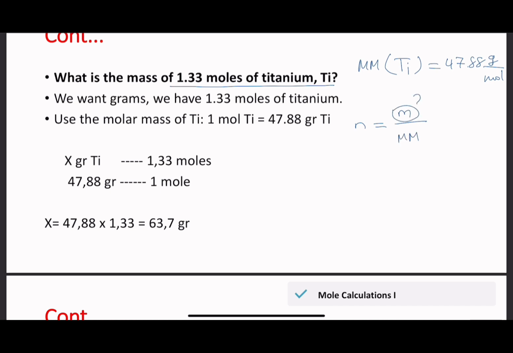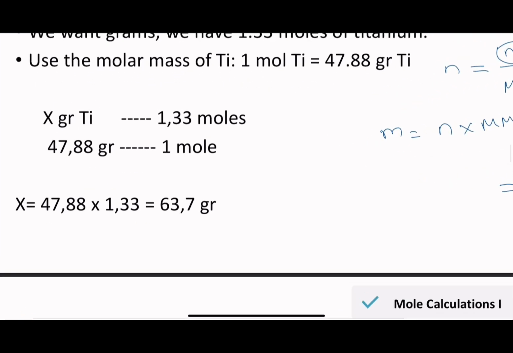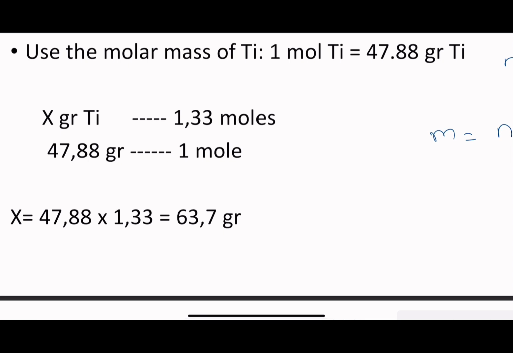Because it is asking us the mass, m would be n times molar mass, which will be 1.33 mole multiplied by 47.88 gram per mole. So we know that mole cancels mole out, and then you get the answer of 63.7 gram. But you can also do the proportion here.